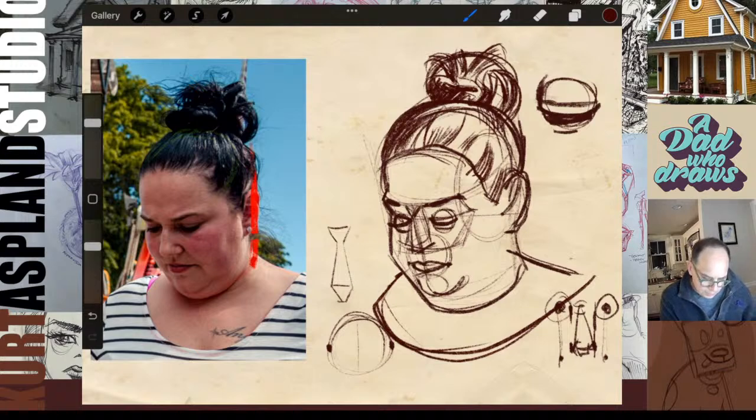All right, let's get a little more detail here. I'm going to come down here with her cheeks. She has a little bit of a dimple here.